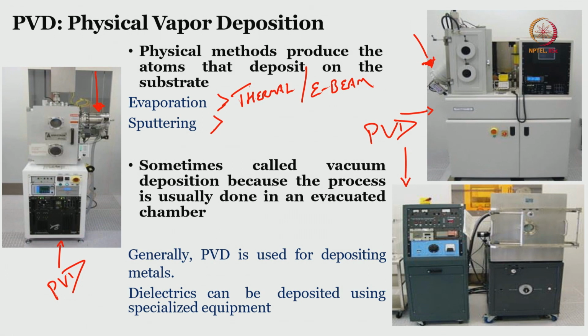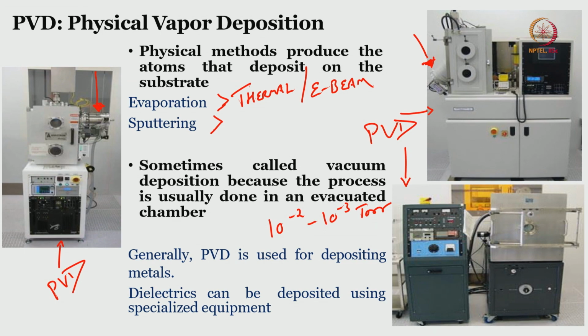So, in the physical deposition techniques, you have a primary pump and you have a secondary pump. The primary pump is used to create a vacuum of 10 to the power minus 2 to 10 to the power minus 3 torr. This is the vacuum that is created by the primary pump.